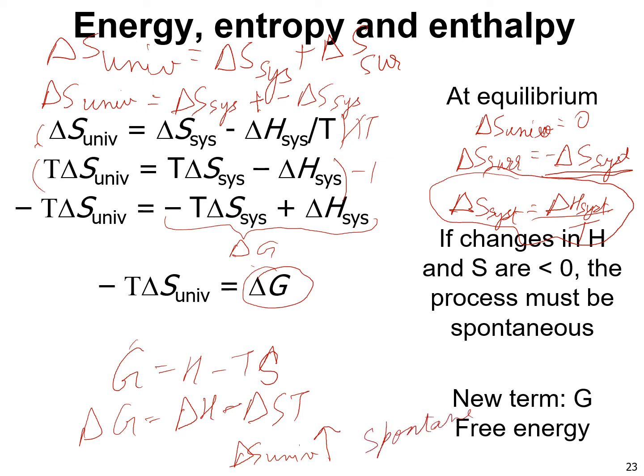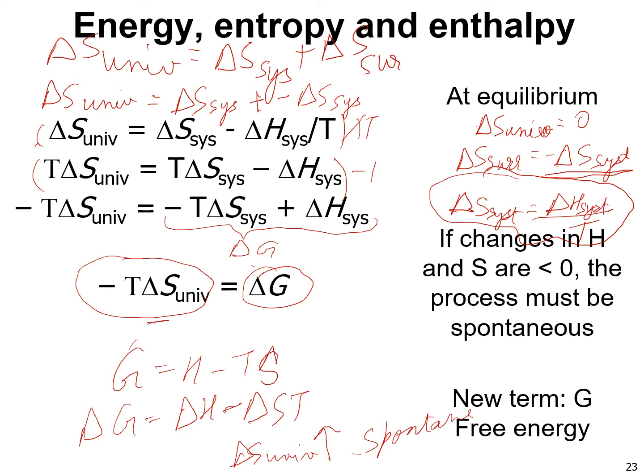So if a reaction is spontaneous, delta S is going to be a positive number. We know that temperature in Kelvin is always a positive number; as I showed you, the lowest temperature that is possible is 0 Kelvin. Delta S of the universe for a spontaneous process is positive, meaning the whole term right here is going to be a negative number.